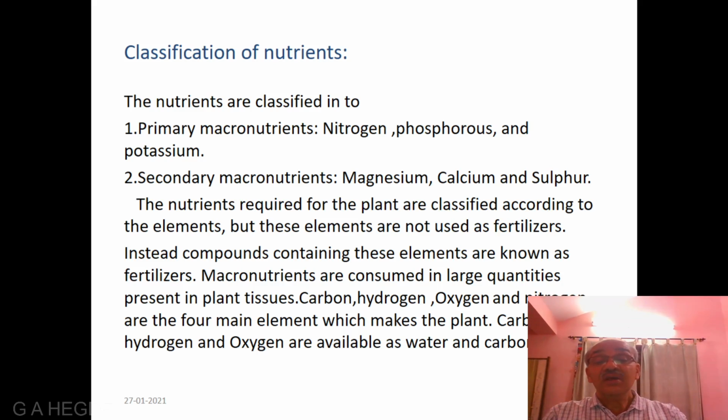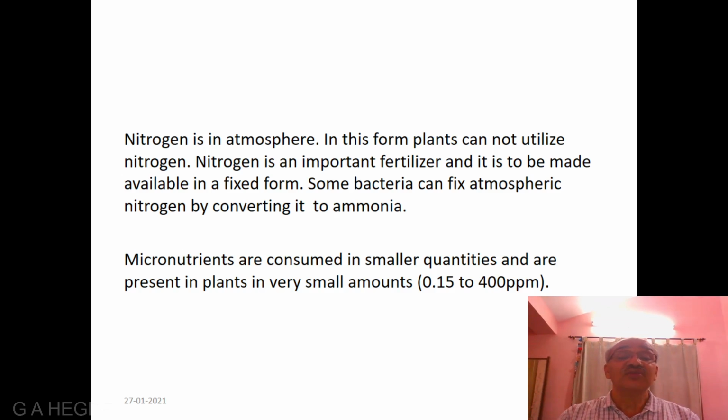Macronutrients are consumed in large quantities and present in plant tissues. Carbon, hydrogen, oxygen and nitrogen are the 4 main elements which make the plant. Carbon, hydrogen and oxygen are available as water and carbon dioxide. Nitrogen is in the atmosphere, but in this form, plants cannot utilize nitrogen.